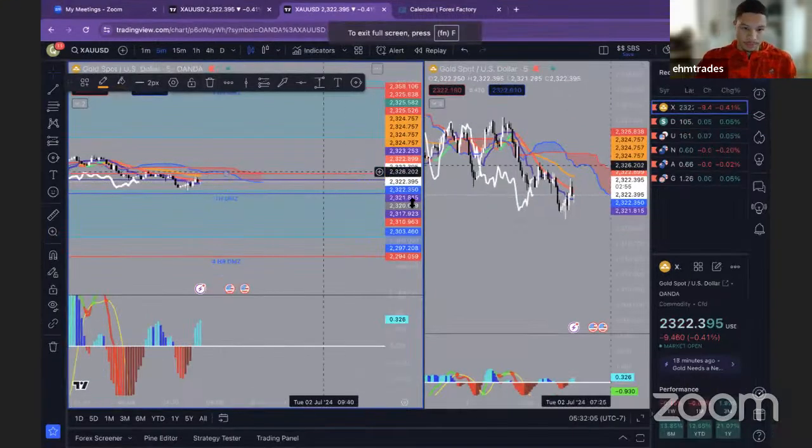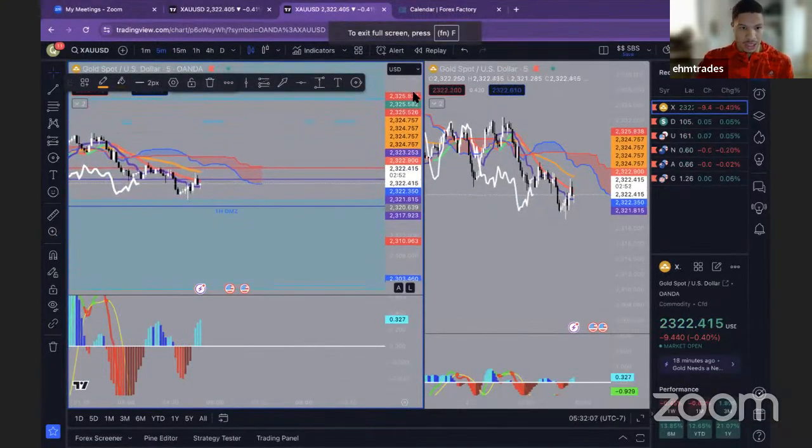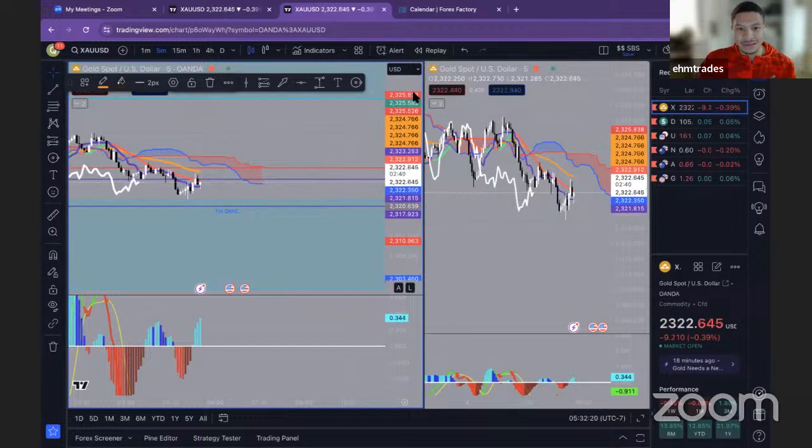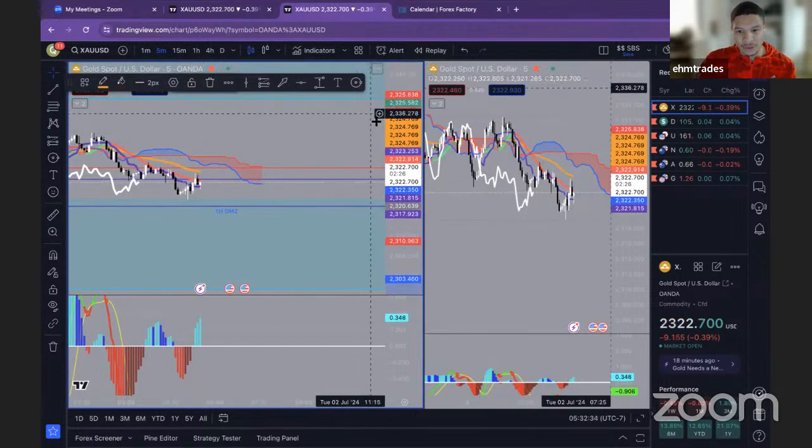When I was reading about that sentiment, it was kind of interesting. It says one of the main advantages of using forex sentiment analysis is that it can help traders make a more informed trading decision by understanding the overall sentiment of the market. Traders can anticipate price movements, identify potential trading opportunities, and manage risk more effectively.